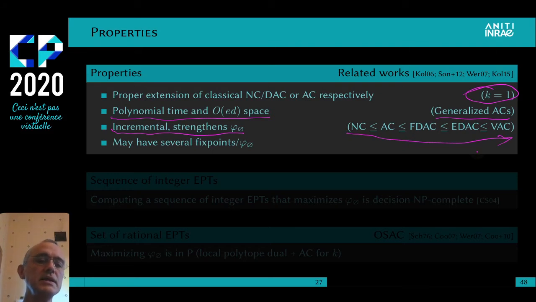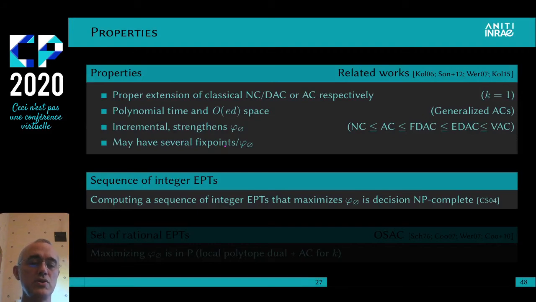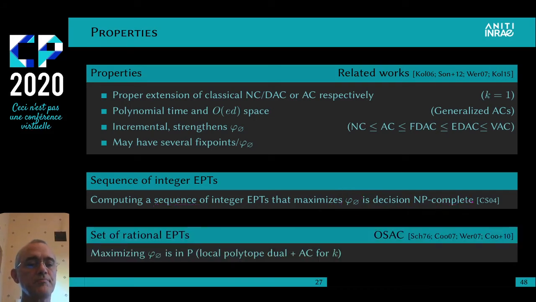The remaining issue is that they may have several fixed points, and each fixed point may have a different lower bound. And so we showed that trying to find the optimal sequence of operations maximizing the lower bound is decision NP-complete, bad news.